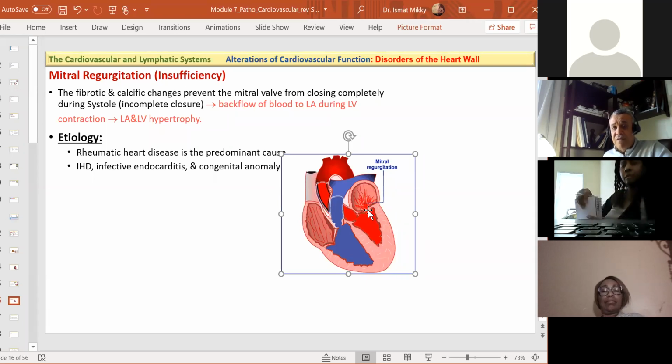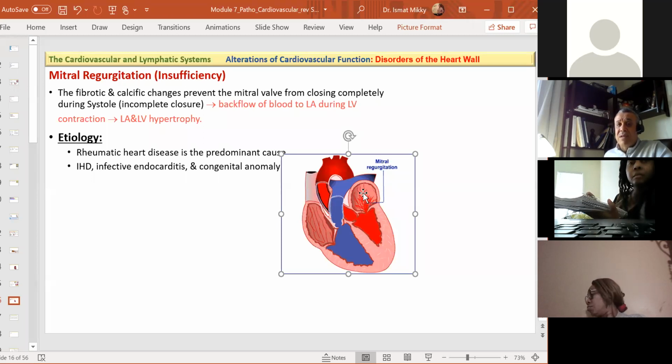Incomplete closure during left ventricular systole results in blood backing up to the left atria, which retains more blood, causing more pressure and hypertrophy of both the left atria and left ventricle.